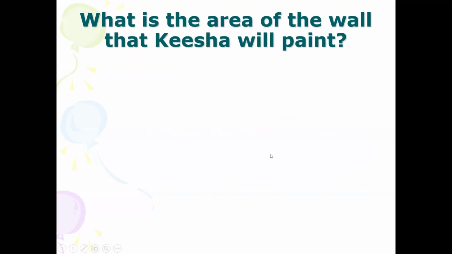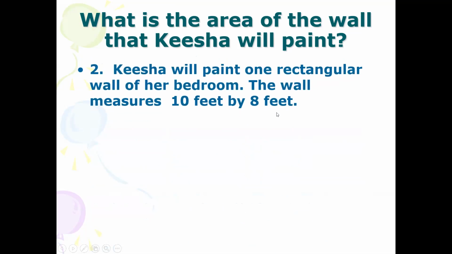The next question is, what is the area of the wall that Kisha will paint? The statement is that Kisha will paint one rectangular wall of her bedroom. The wall measures 10 feet by 8 feet.